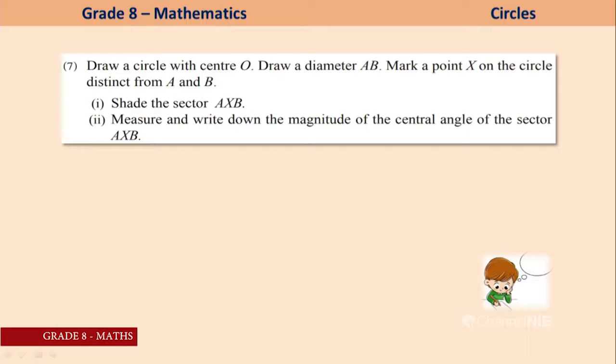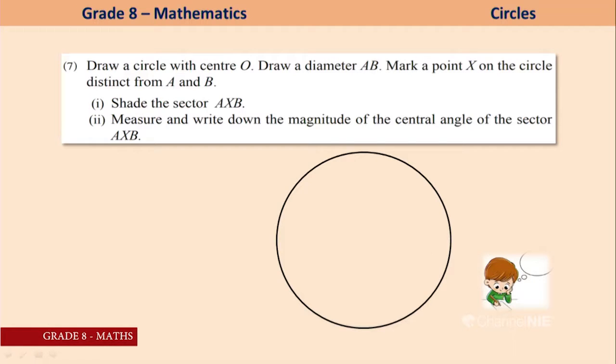Okay children, now you can draw a circle. Now you know how to draw a circle using compass and name it center O. Then you can draw the diameter as you wish. You can draw a diameter and name it AB.